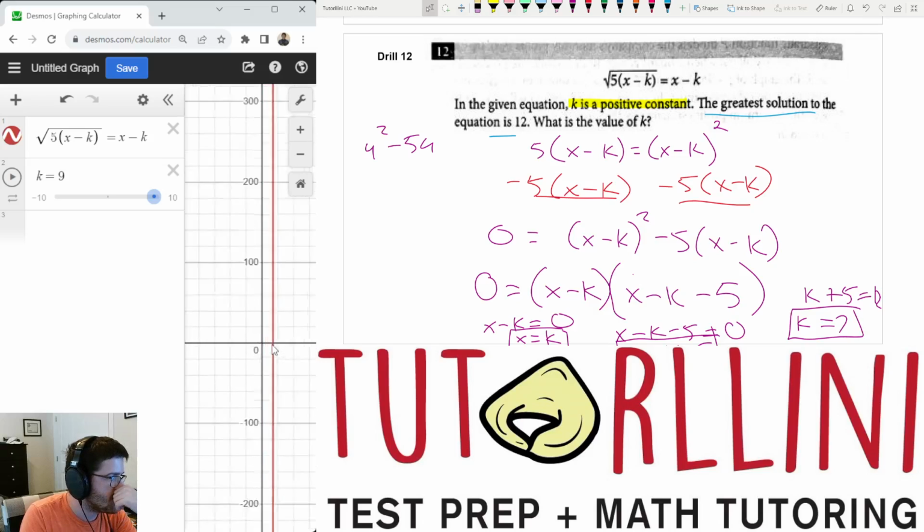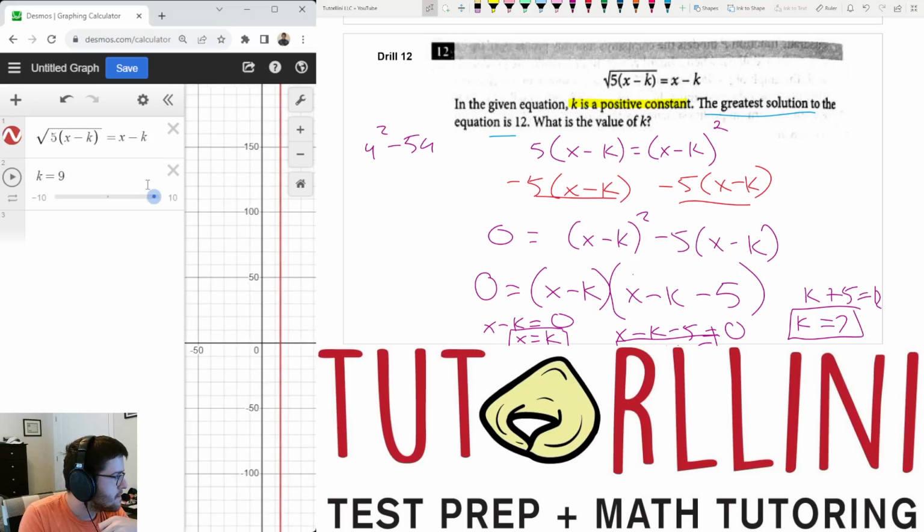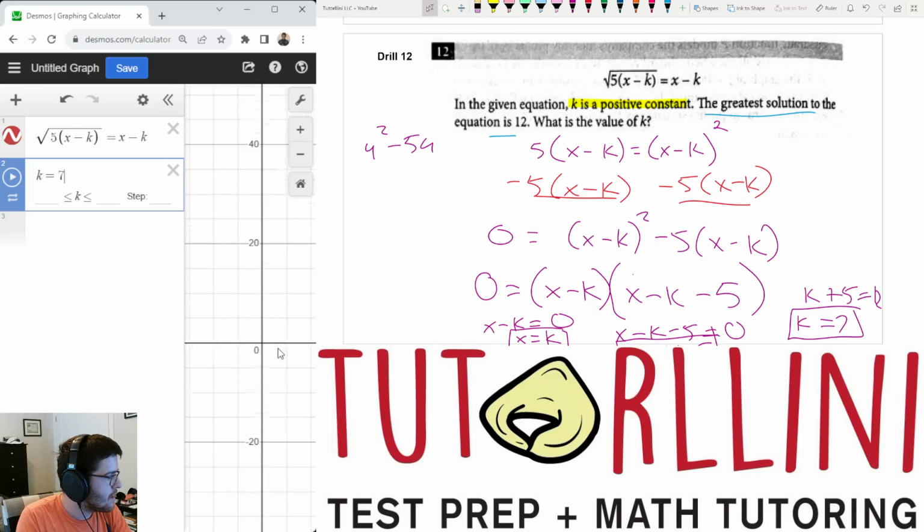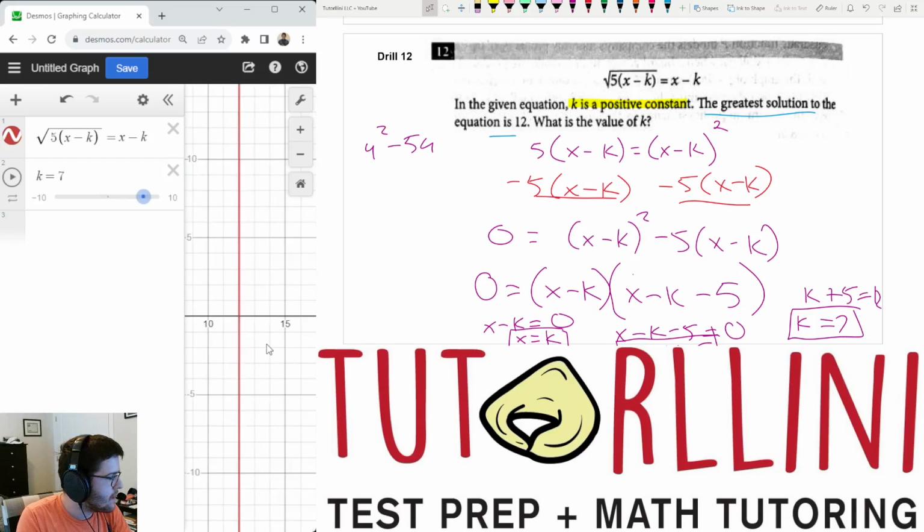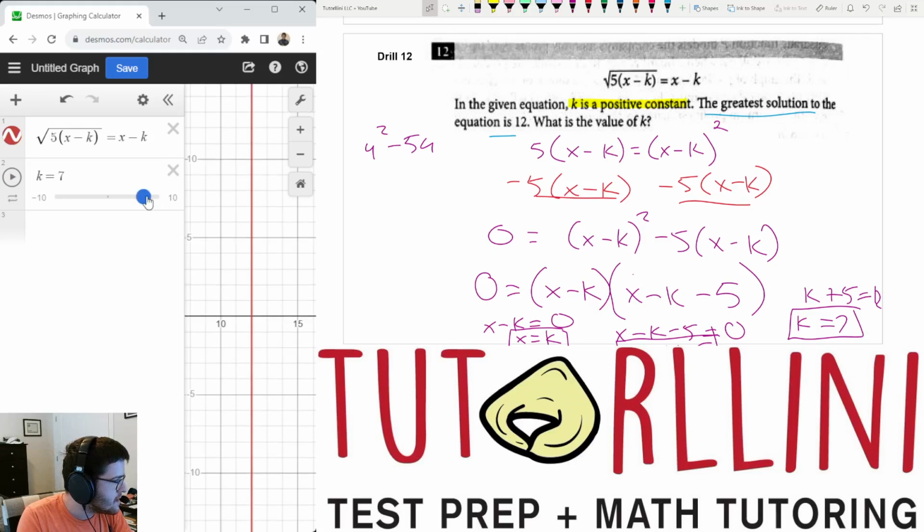Is that the greatest solution? Oh yeah, here we go. Yeah, 12. That's 7. You can just play around with the slider. That would have been a good way to tackle this one.